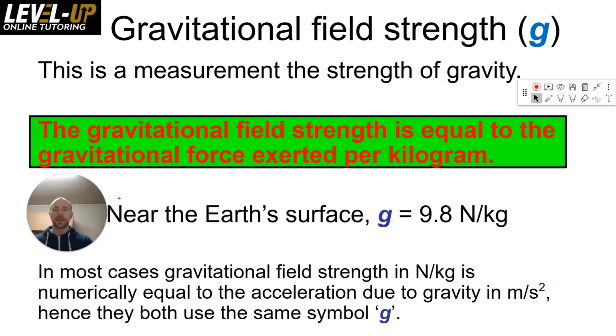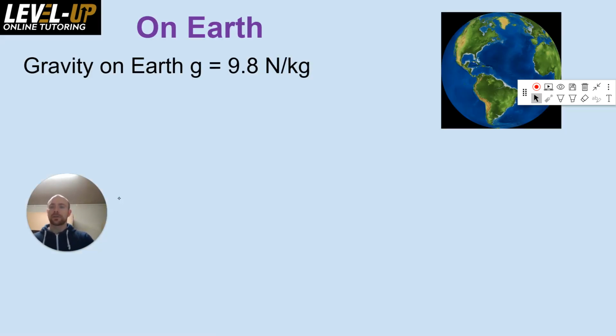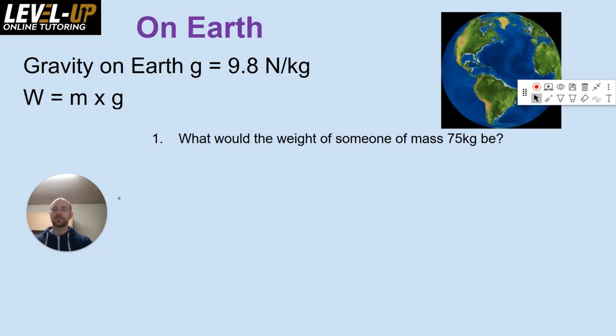Okay, so an example here. On Earth, the gravitational field strength we're taking as 9.8 newtons per kilogram. So for every kilogram there are 9.8 newtons of force exerted on it. There's our formula, W equals mg. What would the weight of someone of mass 75 kilograms be? Well, let's write down what we know again. 75 kilograms is our mass.